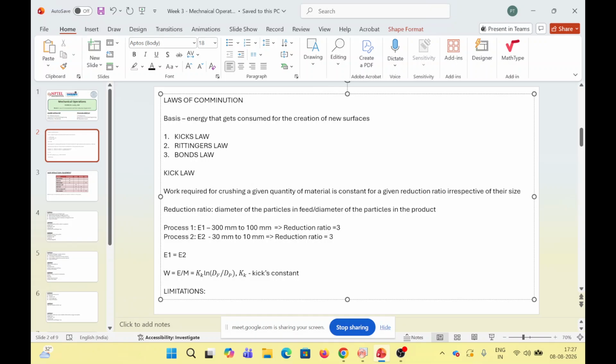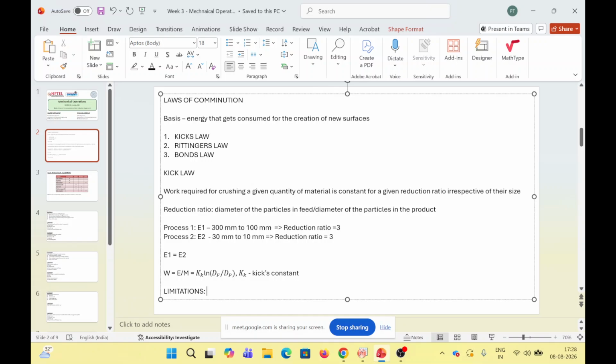However, in real conditions, this will not be applicable, because breaking a bigger particle, say 300 mm to 100 mm, requires less energy in comparison to breaking a 30 mm particle to a 10 mm particle, where the energy involved is very high.